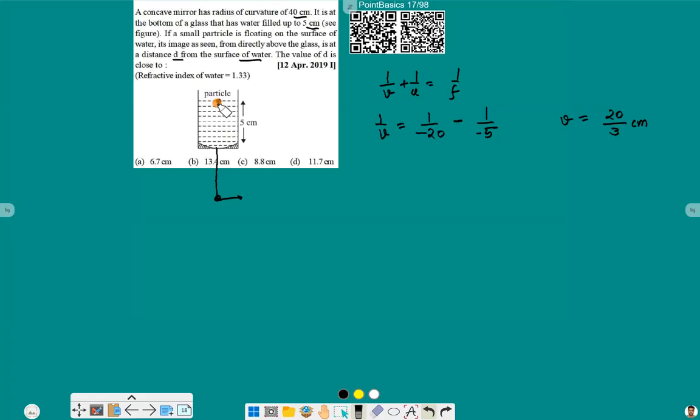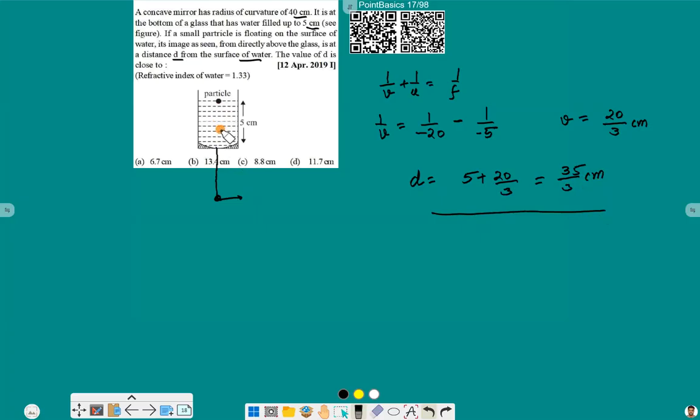Now the total distance from the observer, assuming that the observer is at the same point as the particle, will be 5 plus 20 by 3, and this will be equal to 35 by 3 centimeter. Now this is the actual distance, and as we can see, we are looking through water.